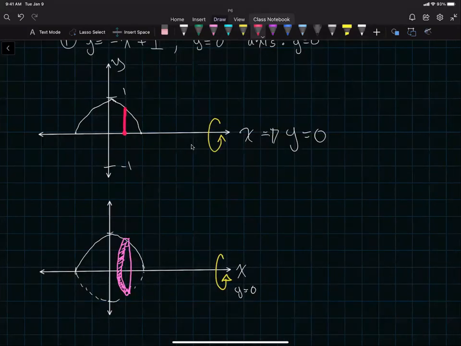So is the length of my radius going to be the y value or the x value? Think about it. Okay, is the radius going to be my x value or my y value?